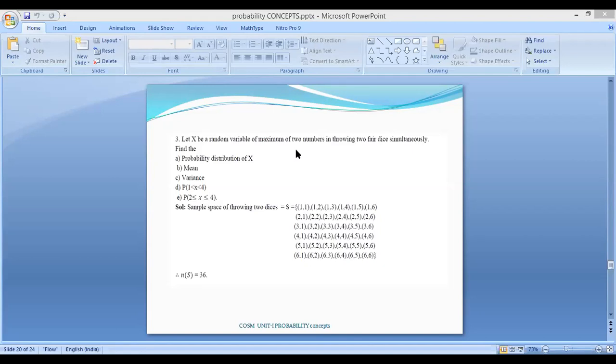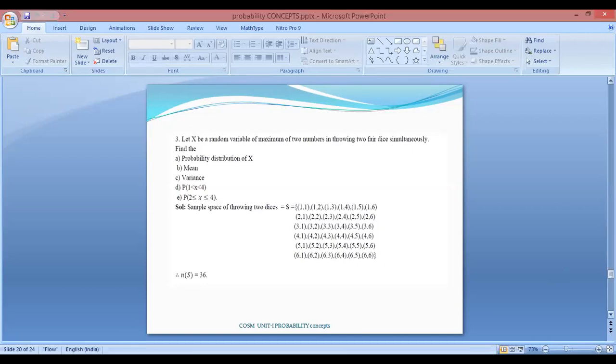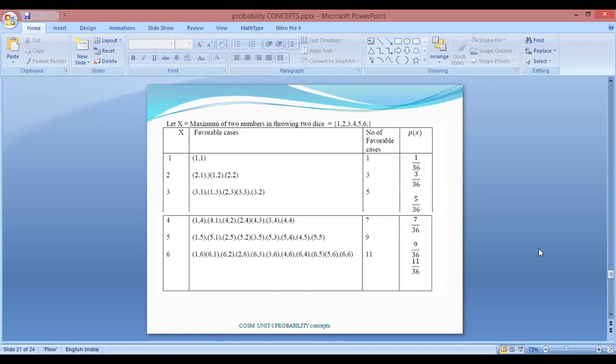So we are throwing two dice, so your sample space S has 36 elements: (1,1), (1,2), and so on, up to (6,5) and (6,6). So the number of elements in the sample space is 36, and your random variable x is the maximum of two numbers in throwing two dice.